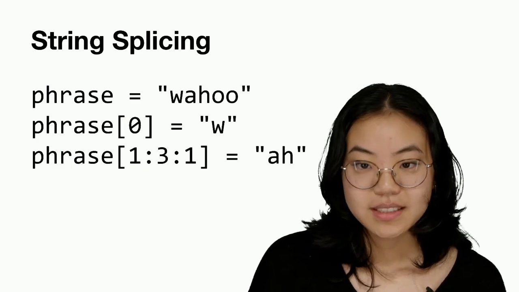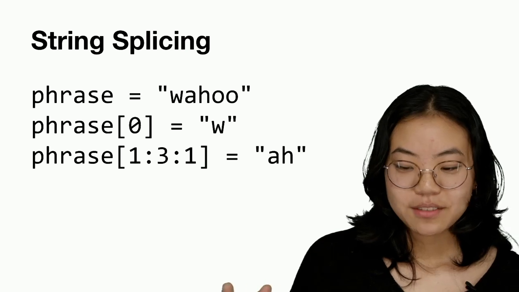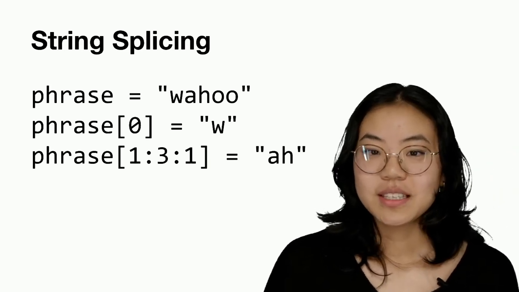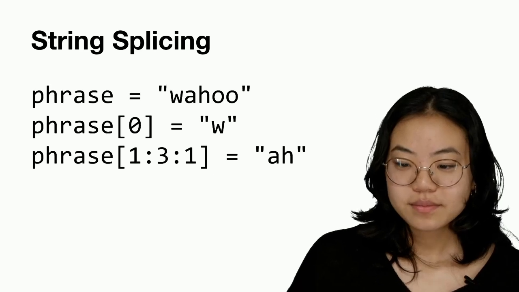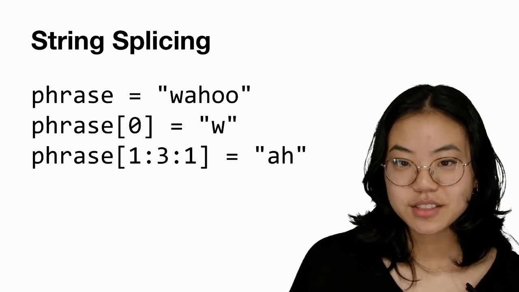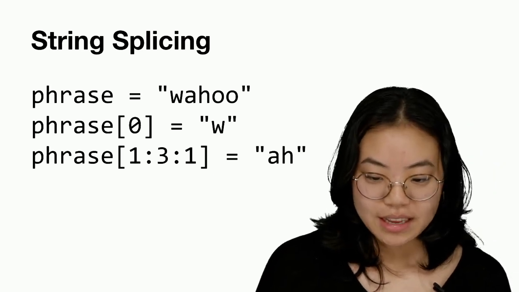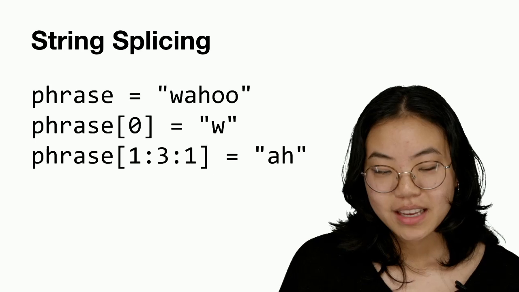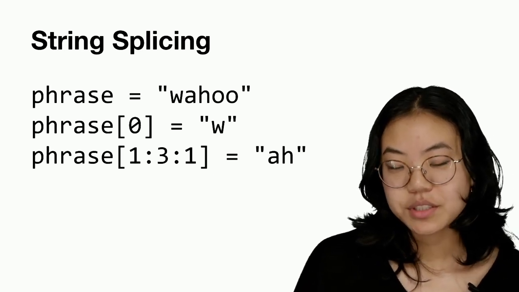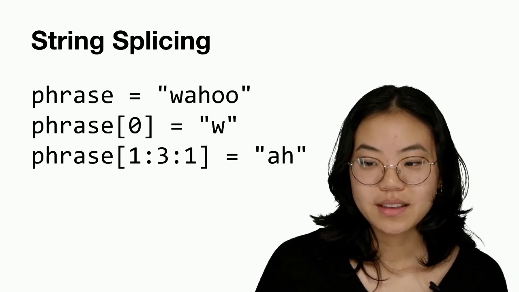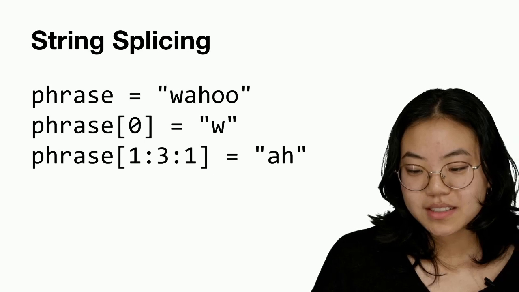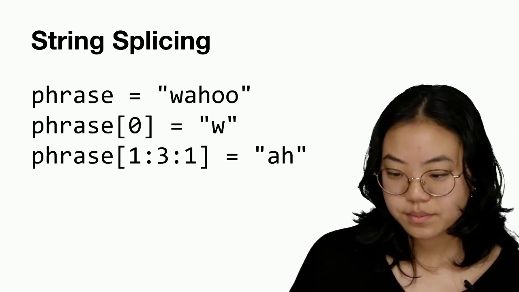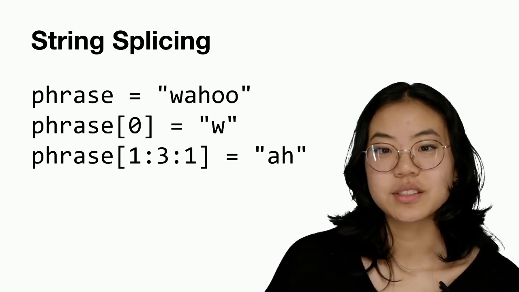Another interesting functionality that Python has is string slicing, as we call it. If we recall, strings are just an array of characters, and so we can treat it as such. If I have some phrase equal to wahoo, then getting the 0th index of that phrase would just be the character W. And then we can use this string slicing notation, similar to range, to specifically get certain parts of the string.